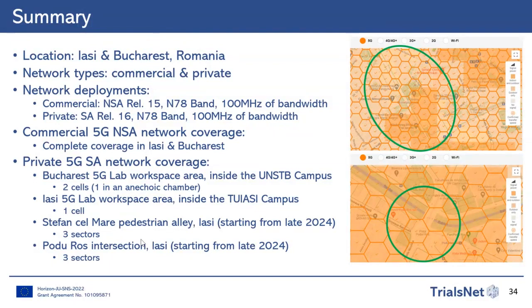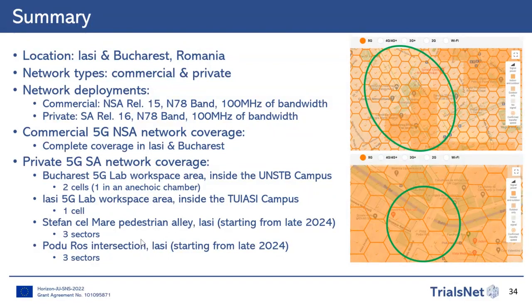So we have 2 5G labs, one in Bucharest, in the, let's say, Polytechnic University area, where we have 2 cells, one of them being in an anechoic chamber, so it can be used for, let's say, deep testing for performance if needed. And we also have a 5G lab in Iași, where we have another cell.